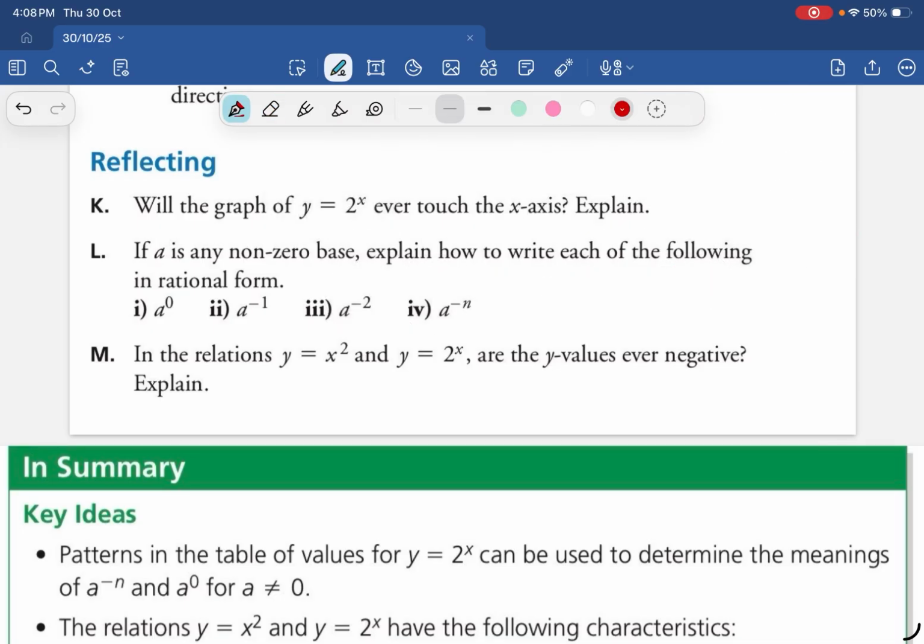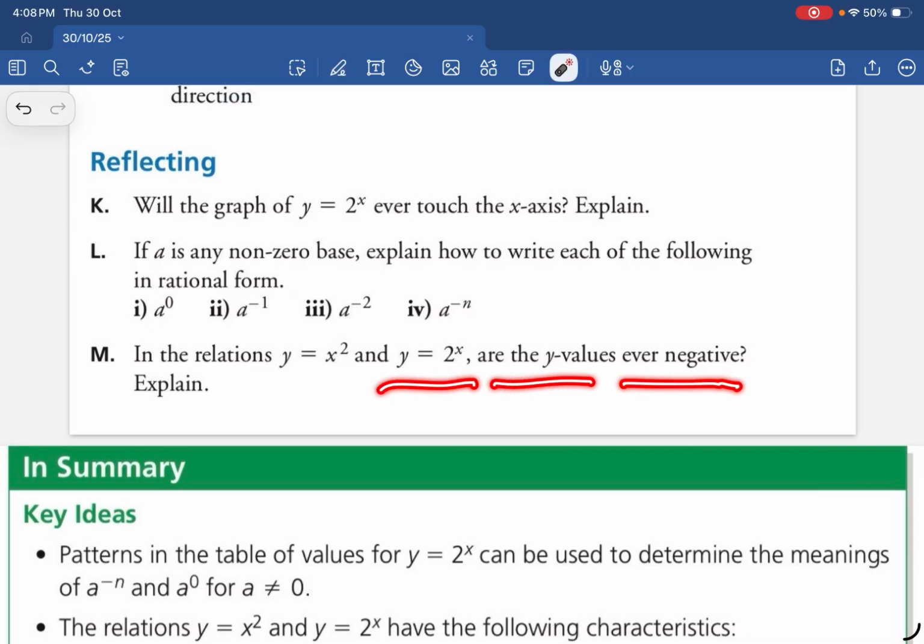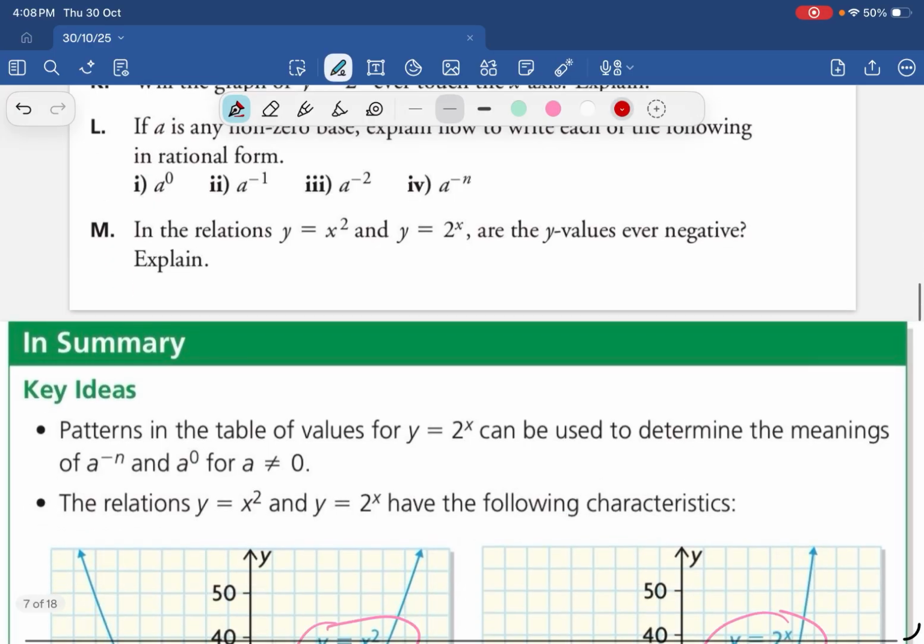Now in the relations y equals x squared and y equals 2 to the power x, are the y values ever negative? Explain. No, the y values for both of these relations are never going to be negative, because if we substitute negative values of x, like -2, here we have the square of this negative, which always makes y positive.